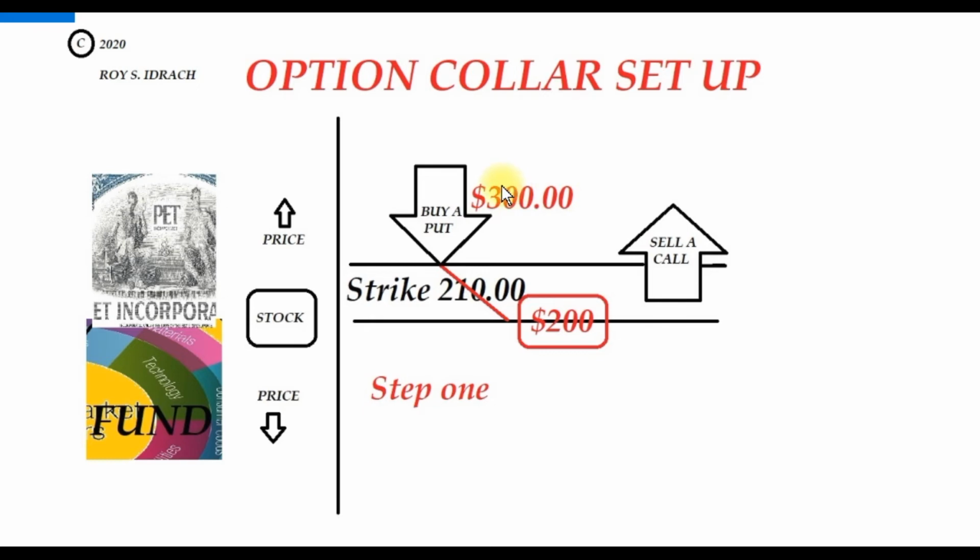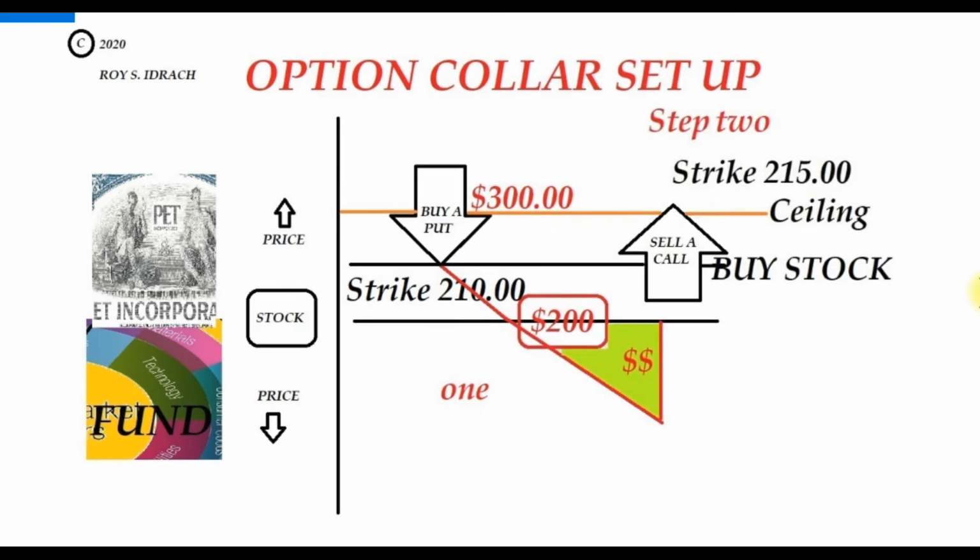But right now, what we want to see is that you have to buy the stock, and now you buy the option. We are not doing the collar yet. Now here we go. Now what you do, remember, 200, you buy a put at 300, and now you turn around and sell a call over here at the strike of 215.